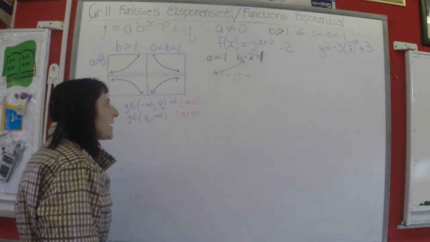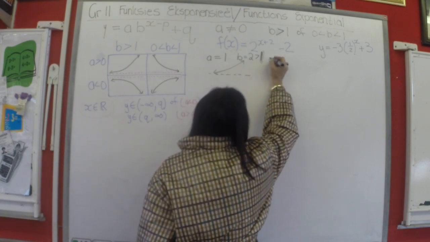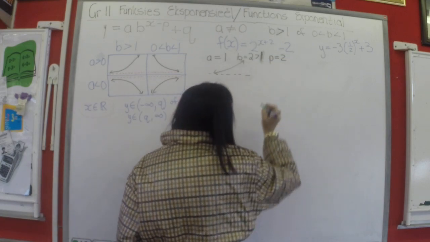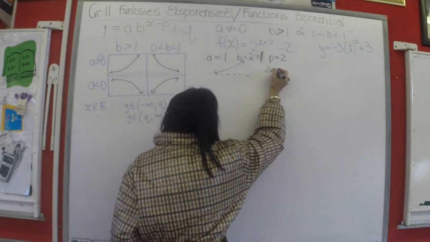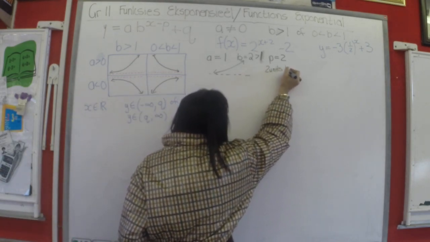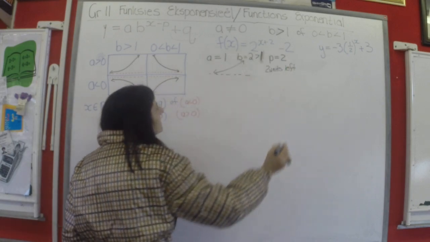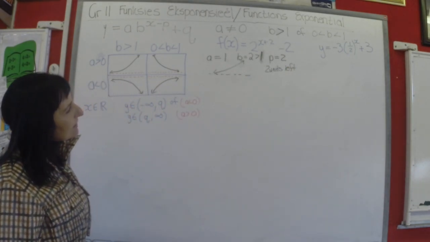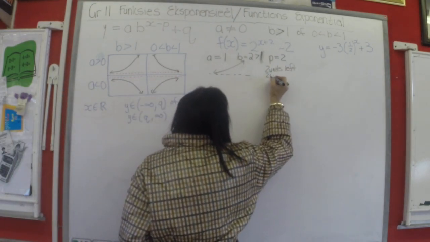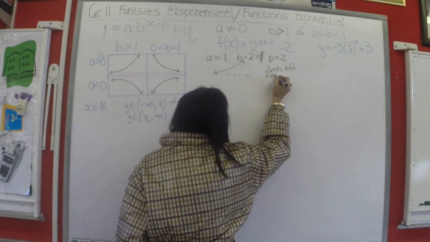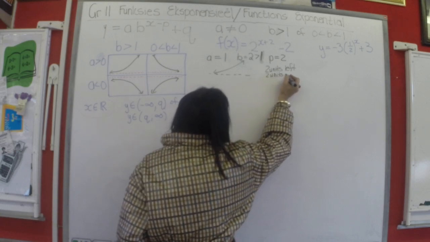And what happens further? My p value is equal to 2. So that means this guy moved 2 units to the left. I know if it is plus p, then it is 2 units left. And my q value says 2 units downwards.